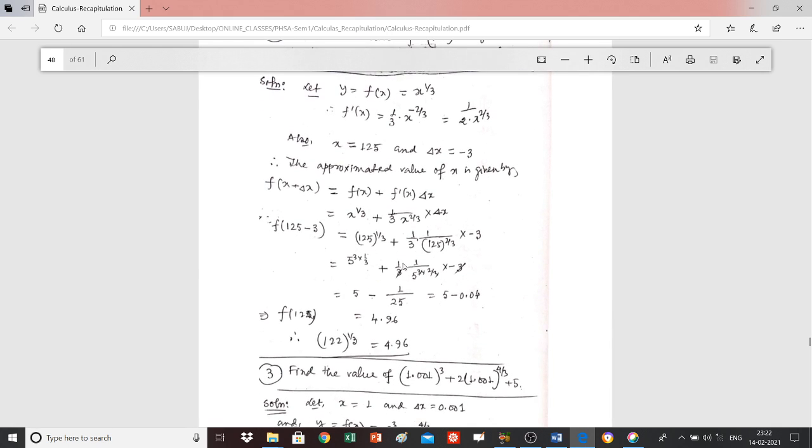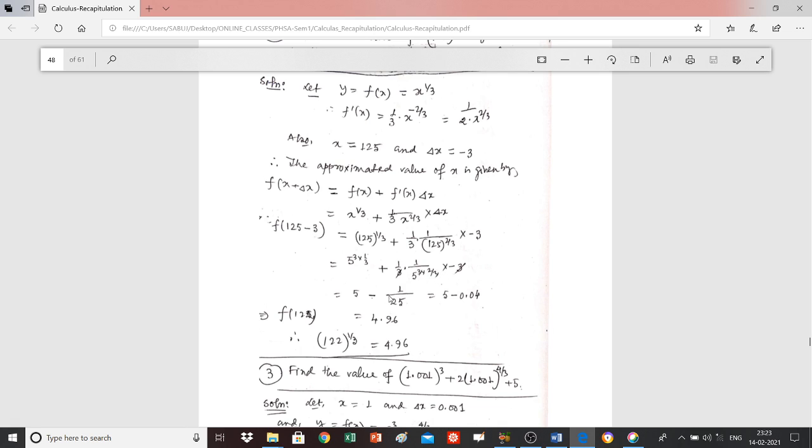Now use the values: 125 is 5 cubed, so 125^(2/3) is 5 squared, which is 25. The 3 and this 3 cancel.